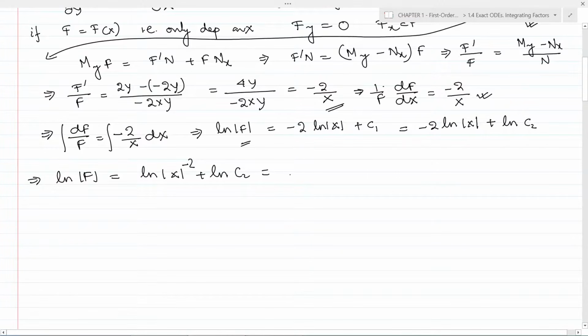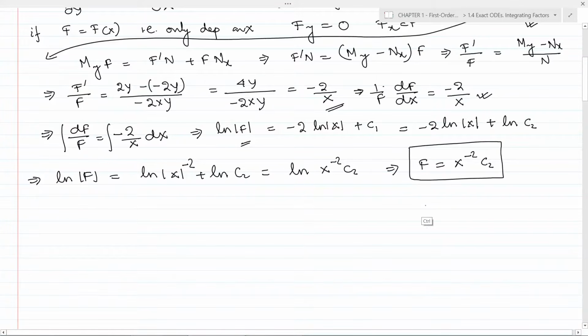The right hand side can be written as natural log of x to the power minus 2 c2. So, if natural log of f equal to natural log of x to the power minus 2 c2, this implies f equal to x to the power minus 2 c2, that is the integrating factor is x to the power minus 2 c2.